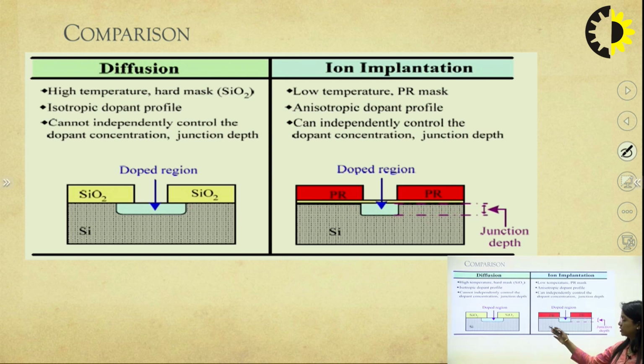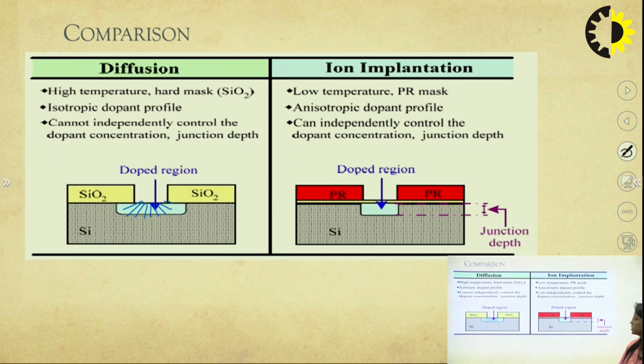The profile of the atoms which we are adding will be isotropic, and the diffusion well will be isotropic in nature. We cannot independently control the dopant concentration and junction depth. So it is not a precise process. Here the control of junction depth and dopant concentration is not possible.